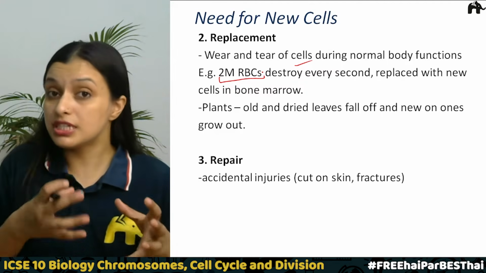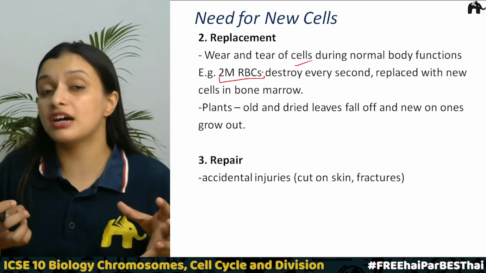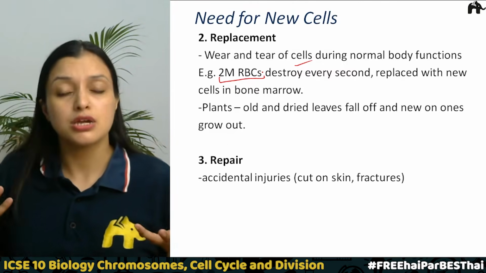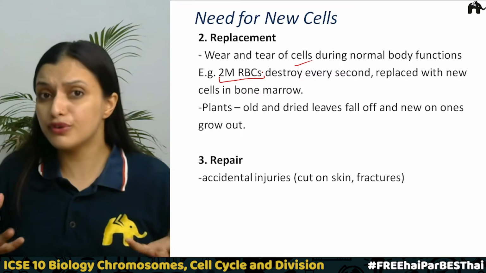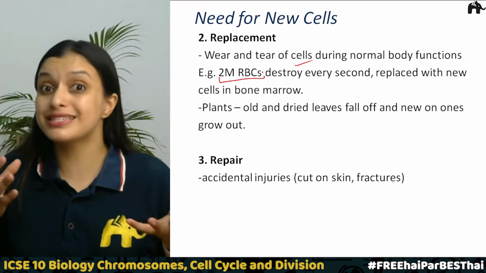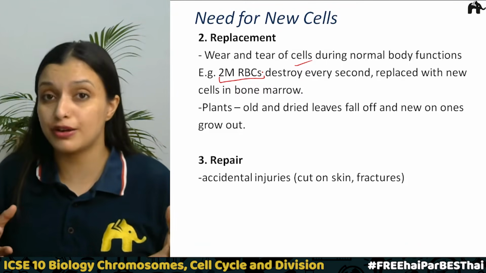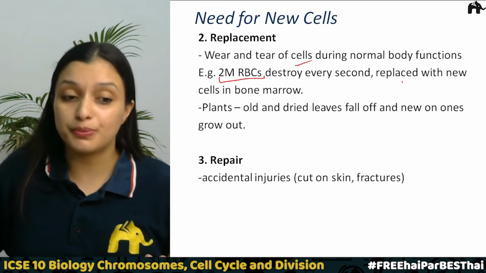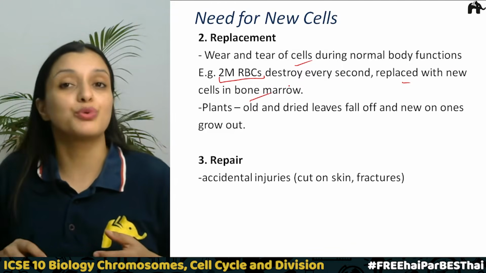If they do not get replaced, do you think we will be able to survive? So every second around 2 million RBCs are destroyed, and they are replaced with new cells in the bone marrow.